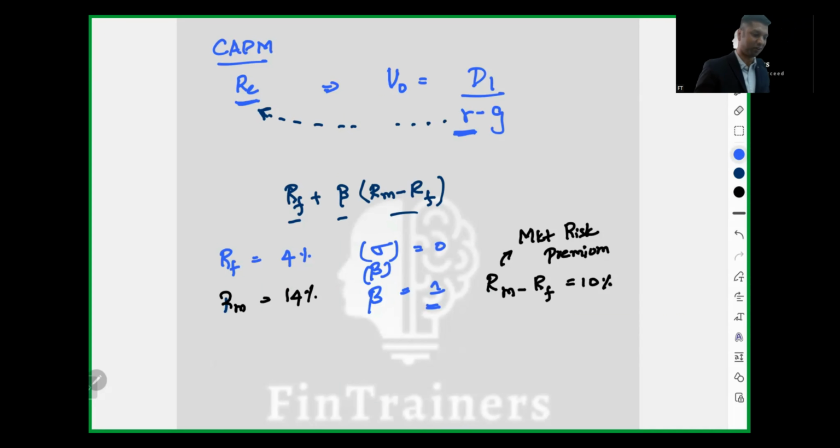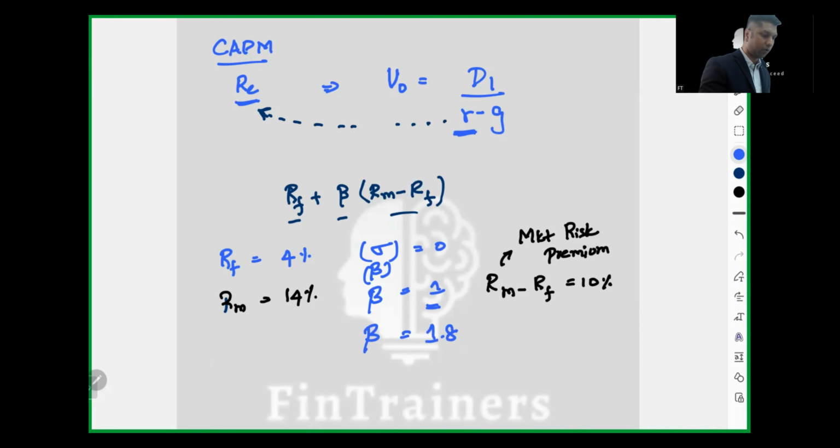I don't want to name stocks here, but maybe it's an infrastructure stock that's going to give more return. Let's say the risk of this stock is 1.8 times the market. That means if the market goes up 10%, the stock will go up 18%. It's hyper-indexed to the market.